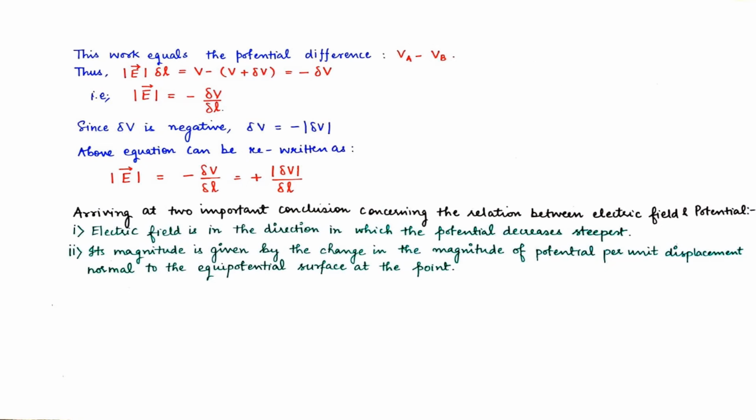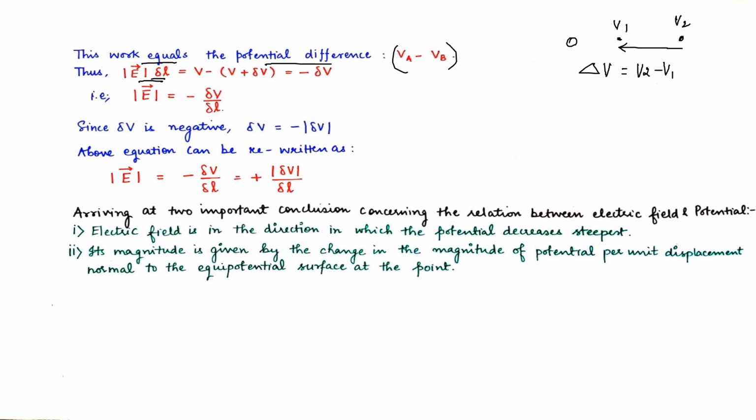Now this work is equal to the potential difference also, like at a particular point there is one potential, at another point there is another potential. So bringing any object from this position to this position will need some change in the potential, and that is given by V2 minus V1 or vice versa. Now this work equals the potential difference VA minus VB.